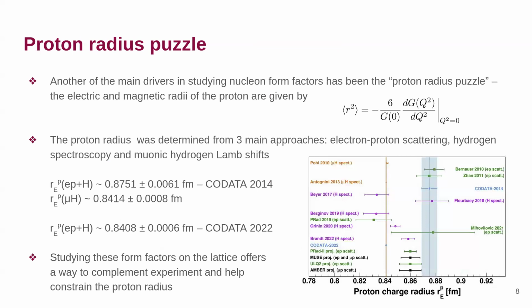Another big reason that we would be interested in studying the form factors is that we can actually extract the size of the proton from its form factors. And so I've just got the formula here, but I'll touch on it again later, that this mean square radius of the proton with respect to its electric or magnetic fields can be determined from taking the derivative of either GE or GM and evaluated at 0 momentum transfer.